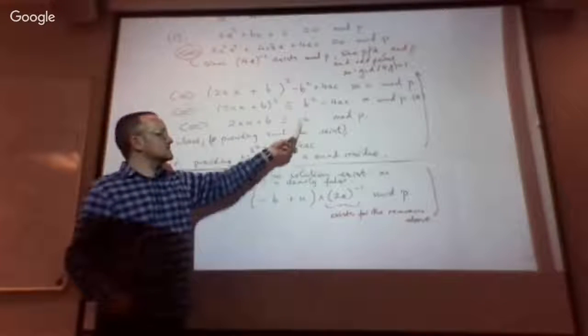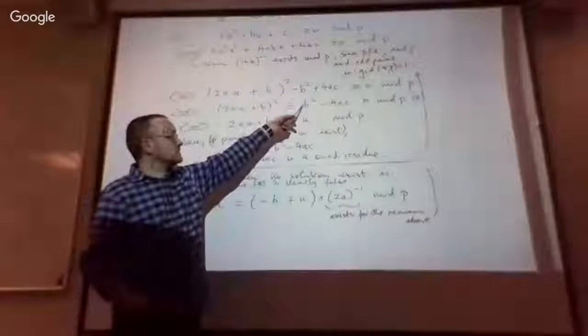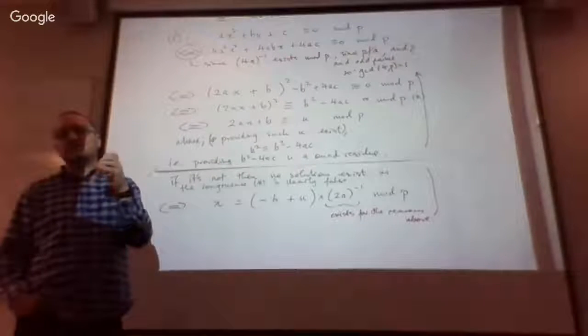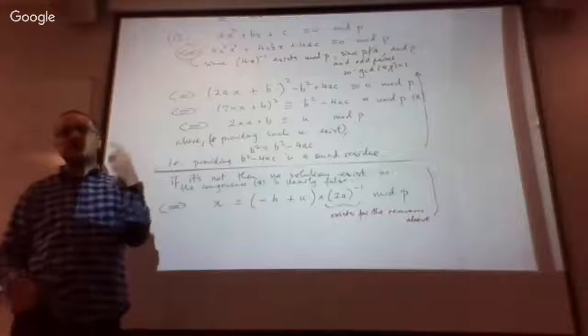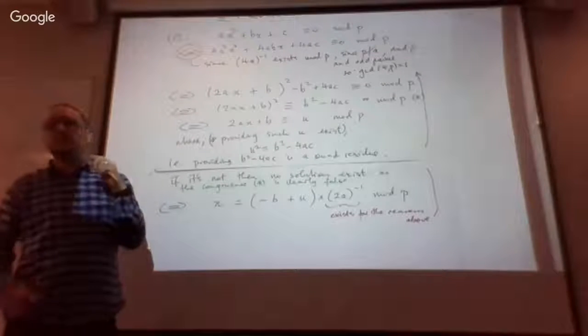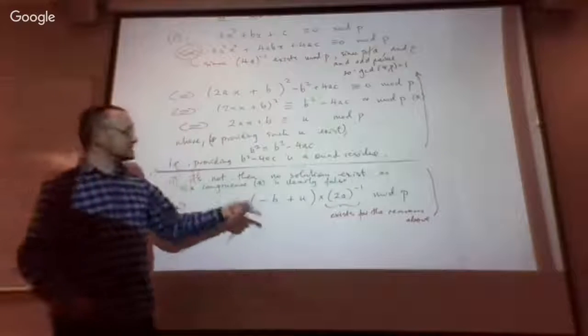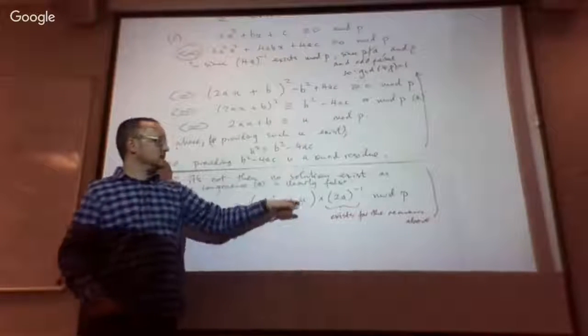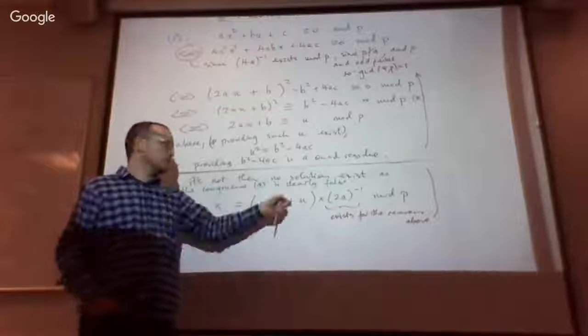well, providing it's, you see, u could be 0. The discriminant b squared minus 4ac might be 0, in which case there's only going to be one solution. You'll have a multiplicity too, but there'll only be one solution. So it's still the same thing. If u is non-zero modulo p, you'll get one solution x. To get the other one, you can put in minus u.